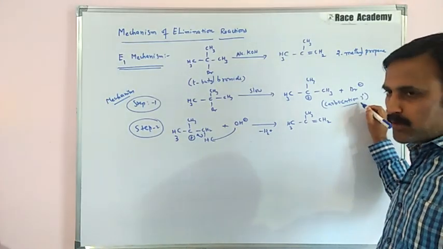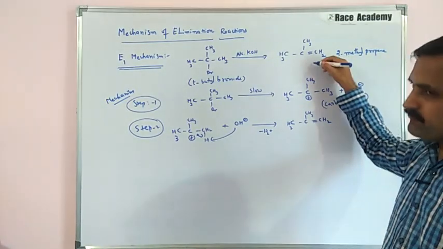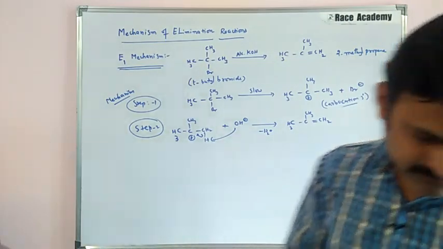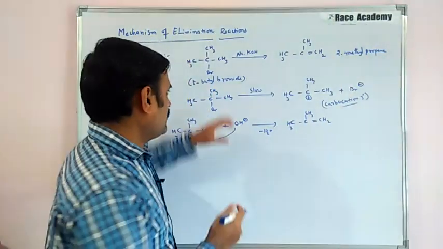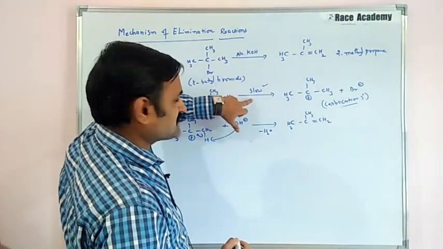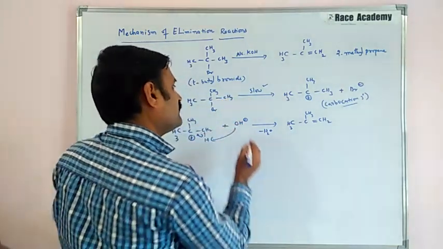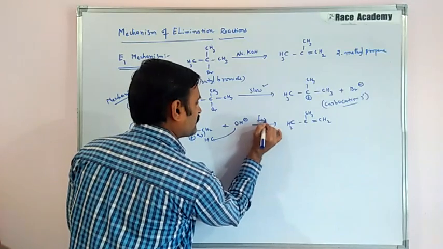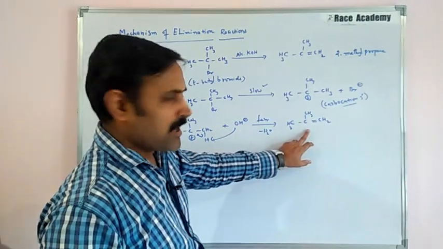Until you get the stable carbocation, you cannot say the final product is the major product. As per the chemical kinetics, the first step is the slow step, also called the rate determining step, whereas the second step is the fast step to get the product.